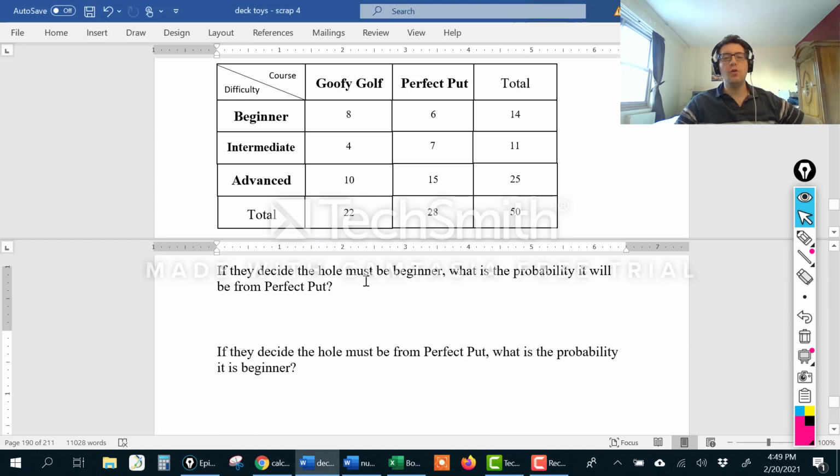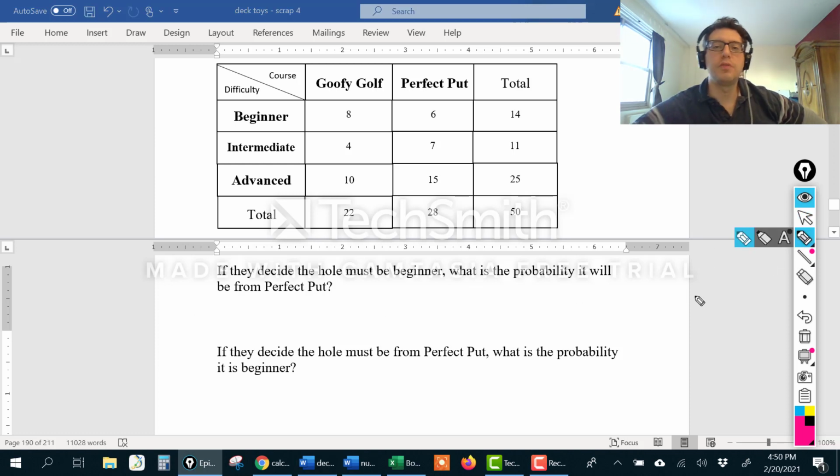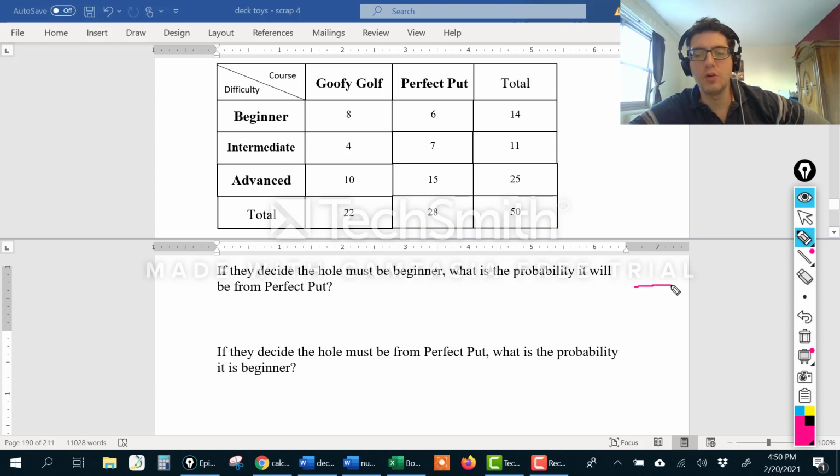All right, next question. If they decide the hole must be beginner, what is the probability it will be from Perfect Putt? So this one is a little bit trickier. In the last two problems, the denominator was always the grand total.